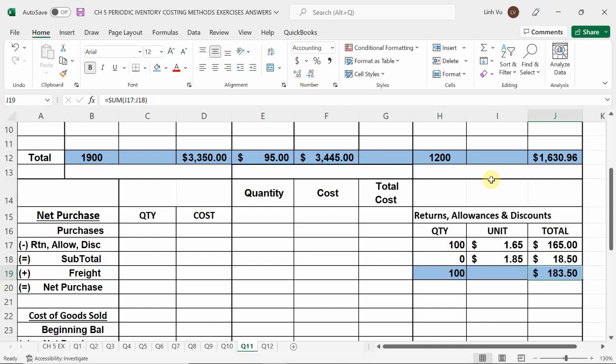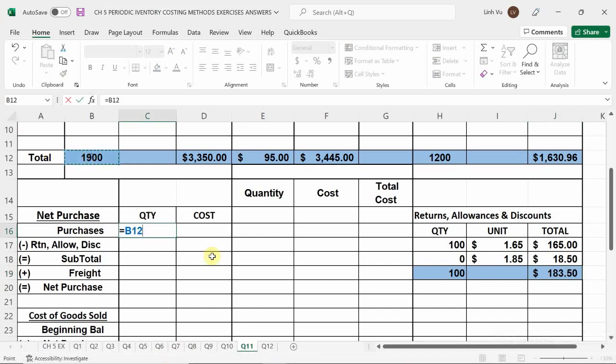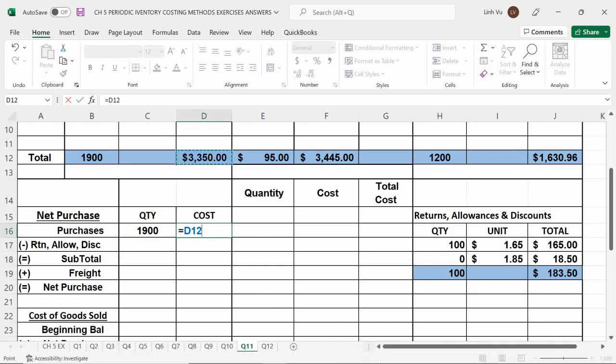Okay. So you have everything that you need to go ahead and find out what the average cost is, right? So in this case, we purchased a total of 1,900 units at a grand total purchase price of $3,350.